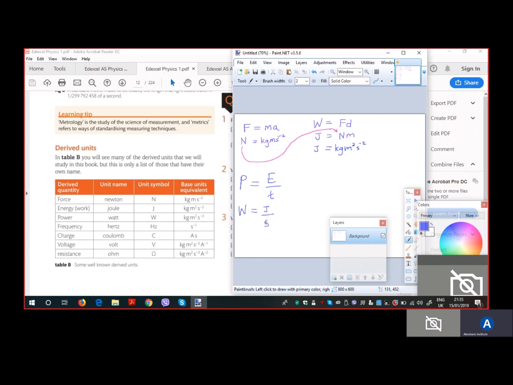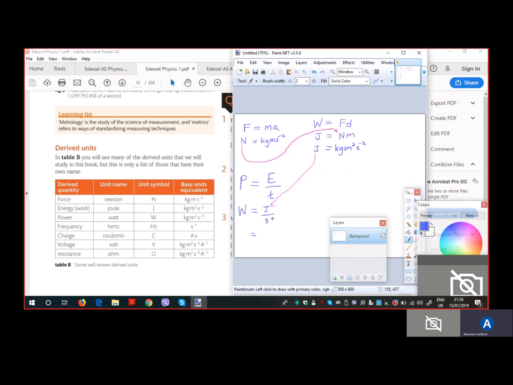Another mistake students make is they write capital S for second, for unit of time. It should be a small s. Then, like what we did before, substitute that, and then you will get the watt in SI base units. So it will be kilogram meter squared s to the power minus 2, divided by s to the power 1.